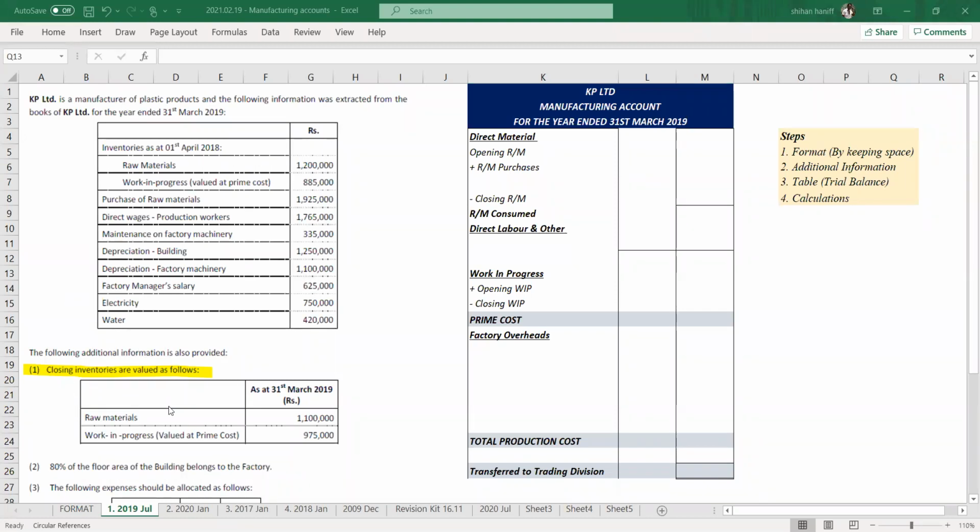Closing inventories are valued as follows: raw material 1,100,000, work in progress 975,000. Okay, so here is the closing raw material.